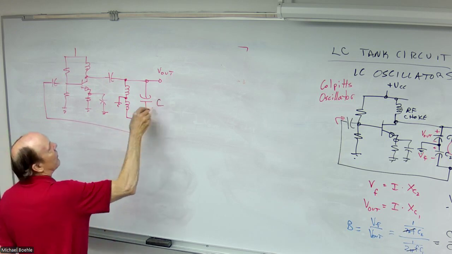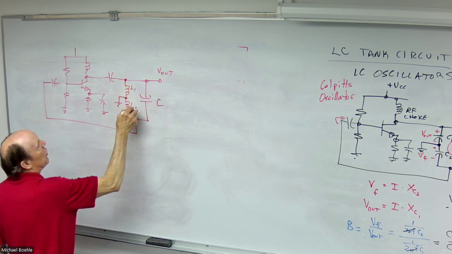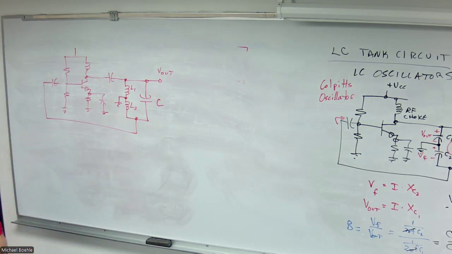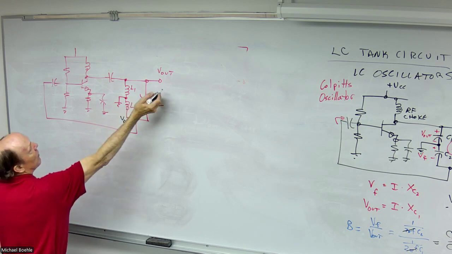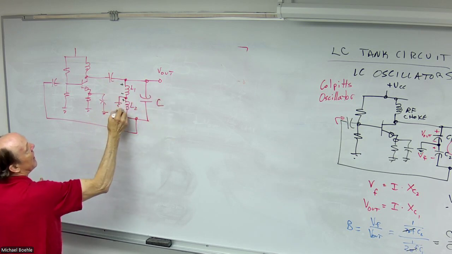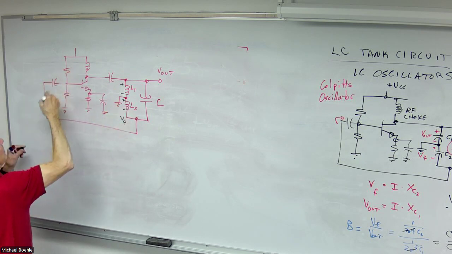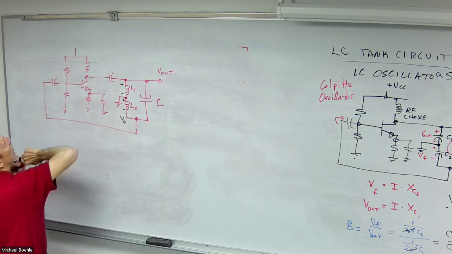I just have 1 capacitor. Now I have L1, I have L2. Formulas do change slightly because, again, this is my feedback voltage. Here's your output voltage. Plus, minus, plus, minus. It's inverted into a common emitter amplifier. So that all works there.